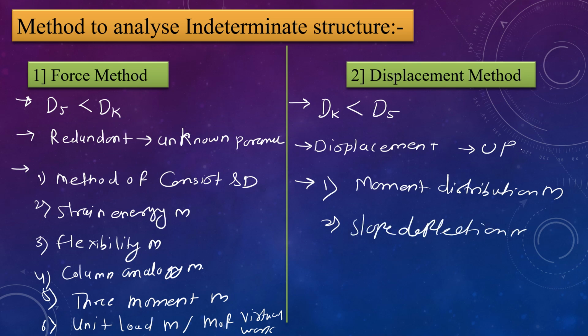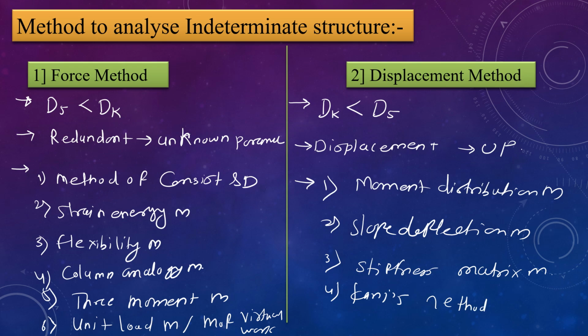Then the next method is the stiffness matrix method. And the last one is Kani's method. So these are the methods used to find out the redundant, which is the unknown parameter in the force method, and the displacement, which is the unknown parameter in the displacement methods.